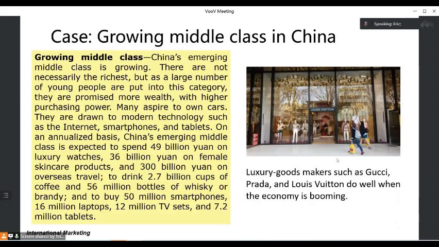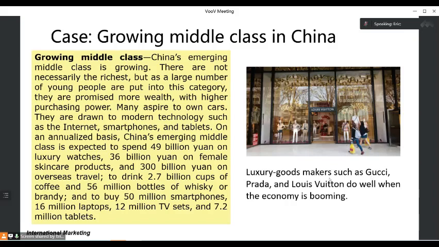So it's easy to understand. And we know that in China, the growing middle class has expanded much, just because of the development of the economy, and more and more people get rich. That's why more and more luxury brands want to invest in China.